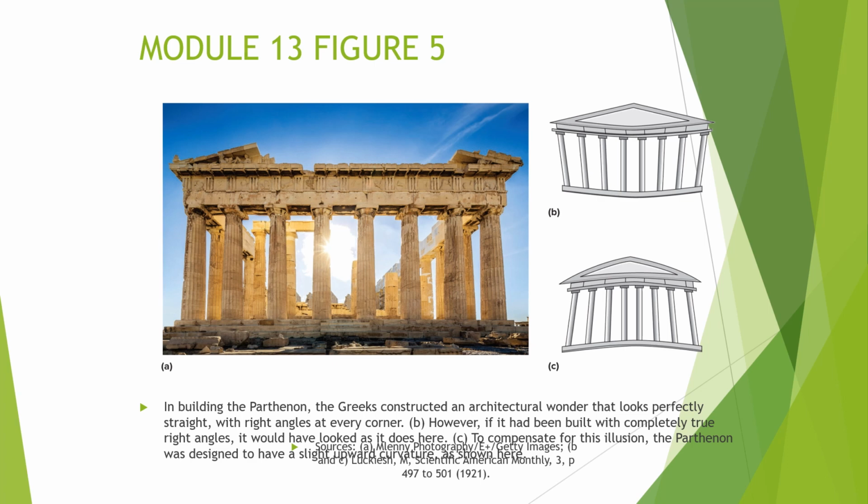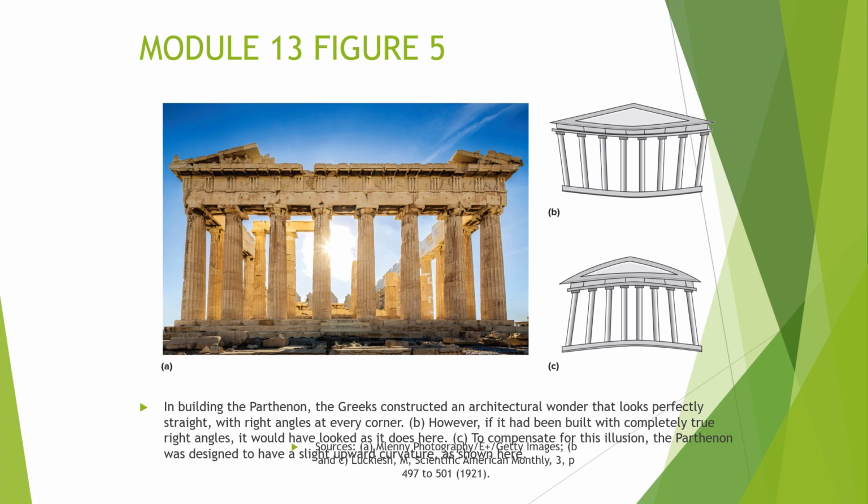In letter A at the bottom, it says, in building the Parthenon, the Greeks constructed an architectural wonder that looks perfectly straight with right angles at every corner. So they pictured it and it looks perfectly straight.